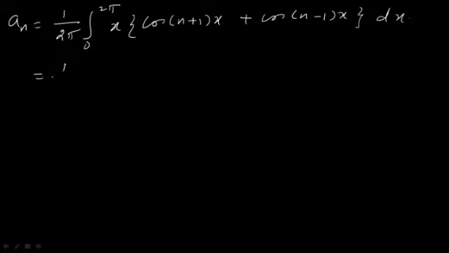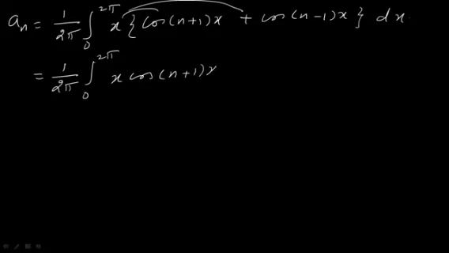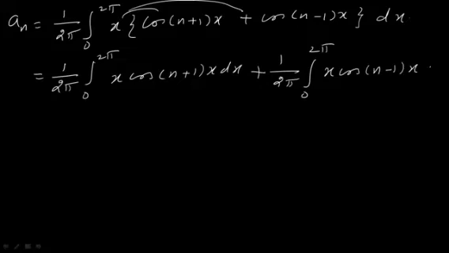So now that is equal to 1 by 2 pi. What I am going to do here is take x inside and just split the integral into 2 separate integrals. That is integral 0 to 2 pi x cos (n plus 1)x dx as one integral, plus 1 by 2 pi integral 0 to 2 pi x cos (n minus 1)x dx as your next integral.